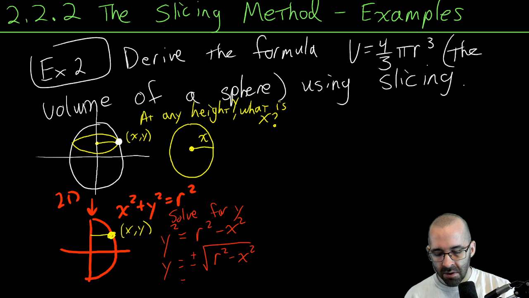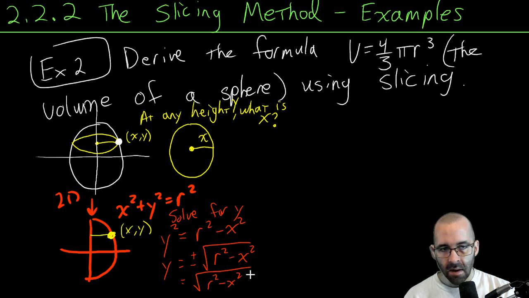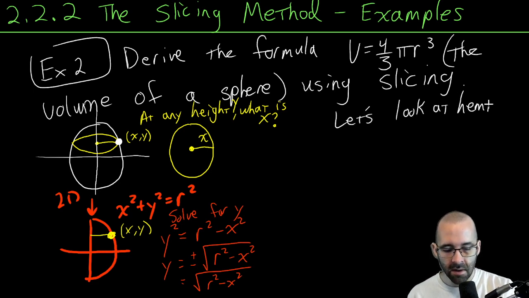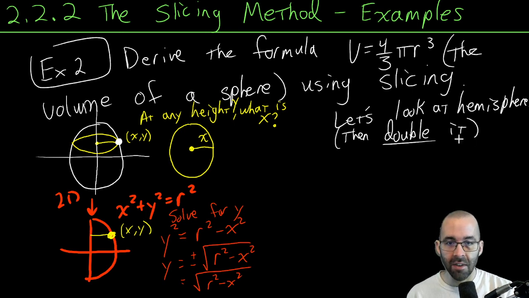So let's only look at the positive y values, and all x values actually, just positive y values. Let's look at the hemisphere. We don't have to deal with that. So make sure, and I'm reminding myself too, make sure to double the area of a hemisphere to get our answer.